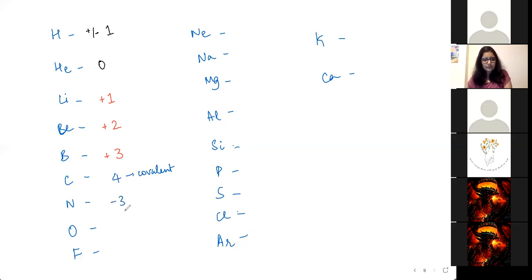Nitrogen is -3. Oxygen is -2. Fluorine is -1. Then neon is 0. And again, as Aryan said, then +1, +2, +3. Silicon is 4, and this is again plus or minus 4 depending on context.